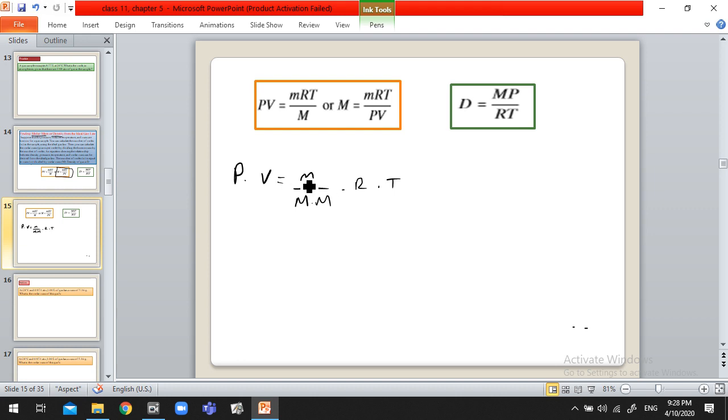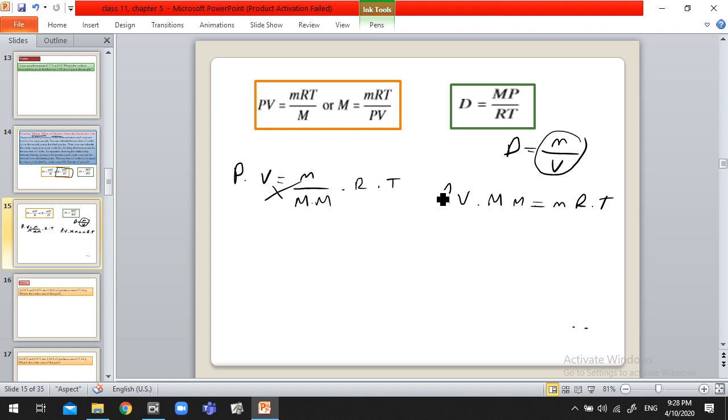So we can also use cross multiplication. P times V times molar mass equals mass R and T. So guys, what does density mean? Density means mass over volume.